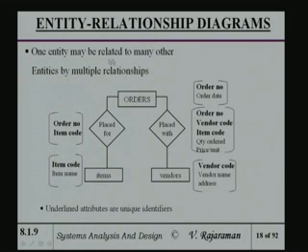One entity may be related to many other entities by multiple relationships, like orders are placed for items. So the order can have order number, order date, and vendor has vendor code, name and vendor address. Normally in the entity relationship diagram, you put the entity down, and on the side you write down the attributes of that entity.